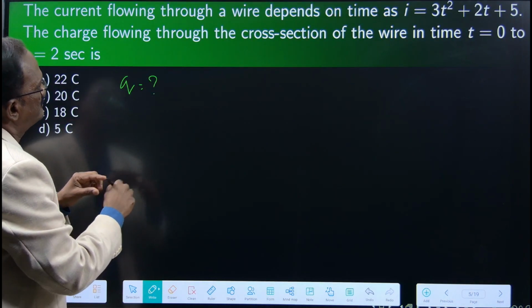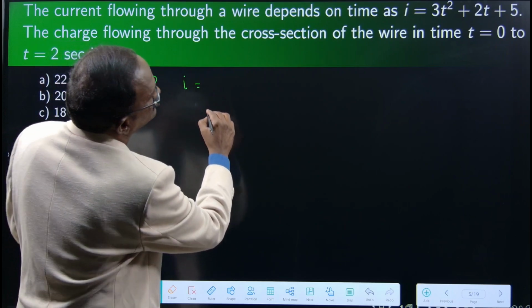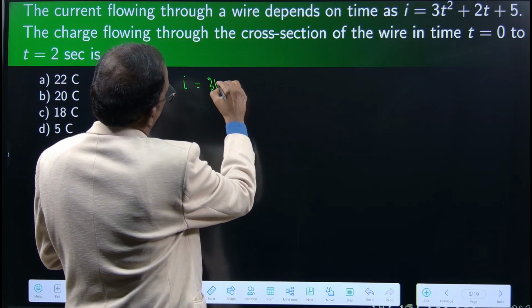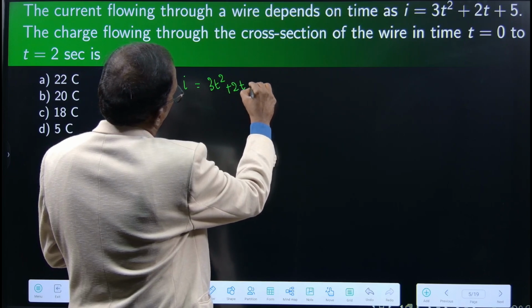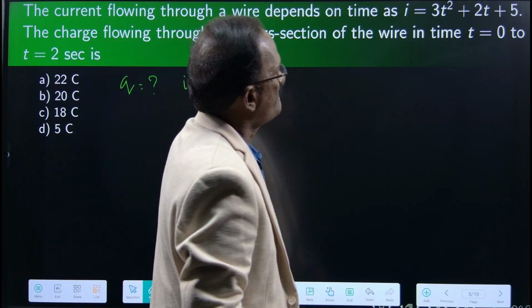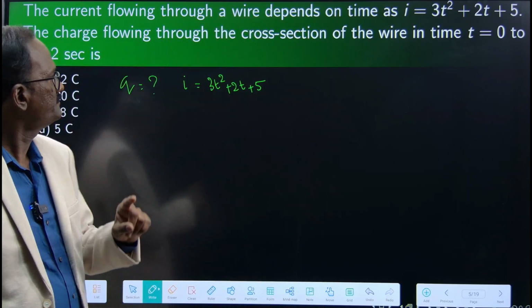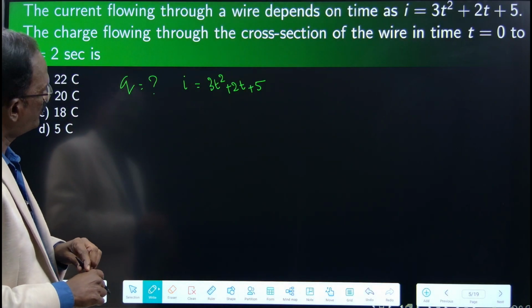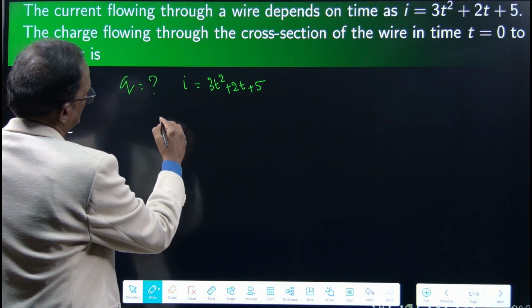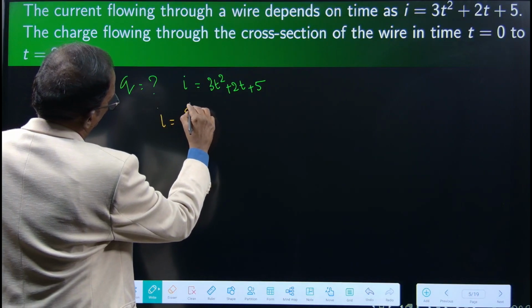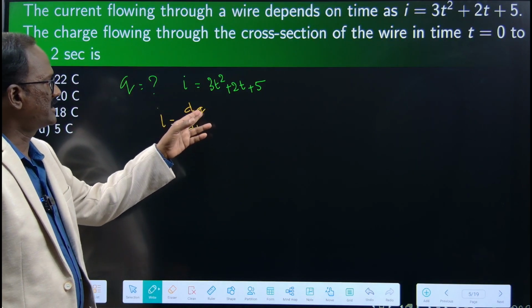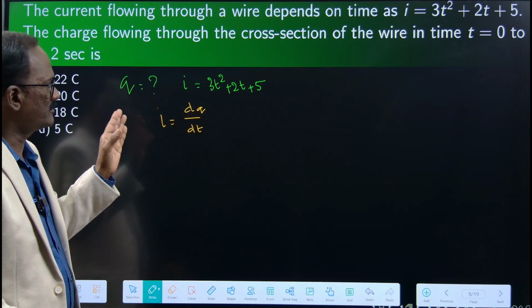I is given as 3t square plus 2t plus 5. In the last problem, Q was given and I was asked. Here I is given and Q is asked. Let me write the same formula: I is equal to dq by dt. Q is here, we have to separate the Q.